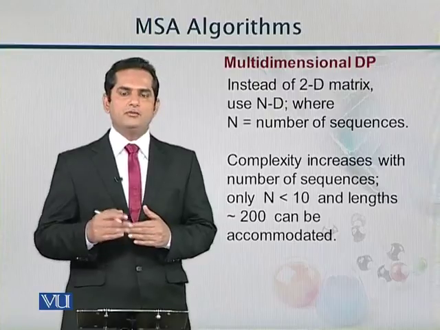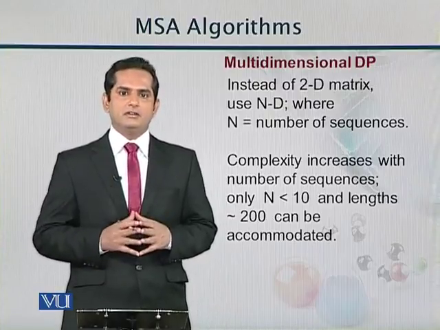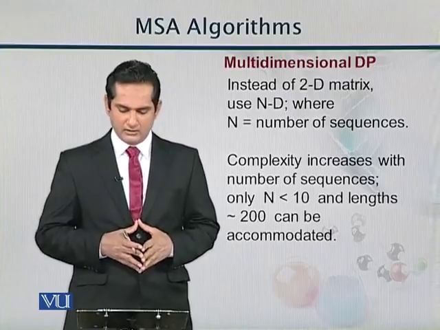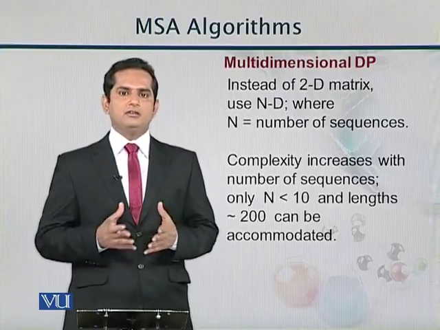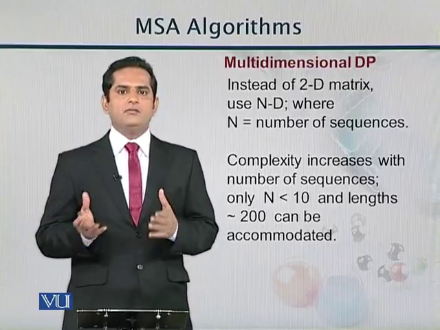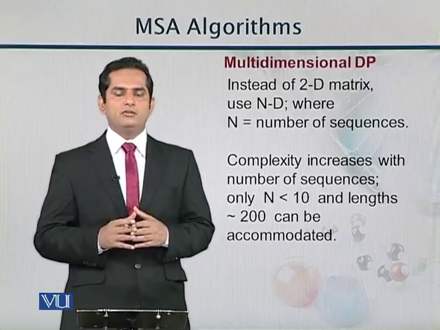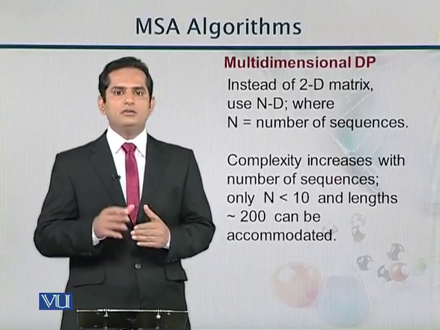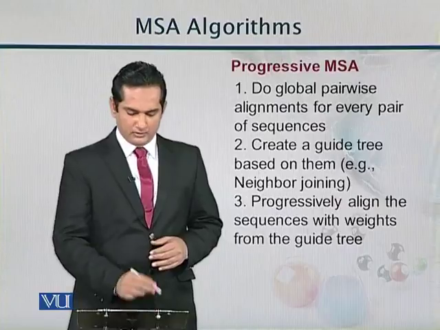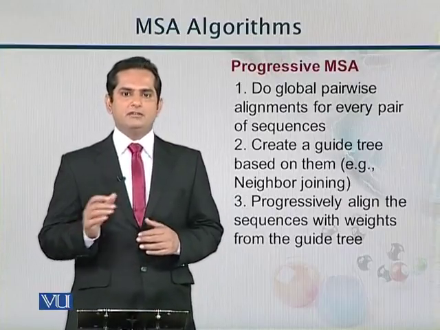For sequence alignment we have two sequences, but for MSA we have n sequences, so it would be an n-dimensional matrix, and complexity increases with the number of sequences. For example, even with fewer than 10 sequences, we would need more than 200 comparisons to align those characters. So for that purpose, we will move on to the other technique, which is progressive MSA.